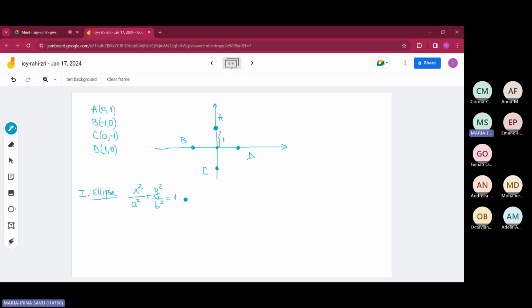Well, in this case, when you take the remaining coefficients, you have 1 and 1 and 1.